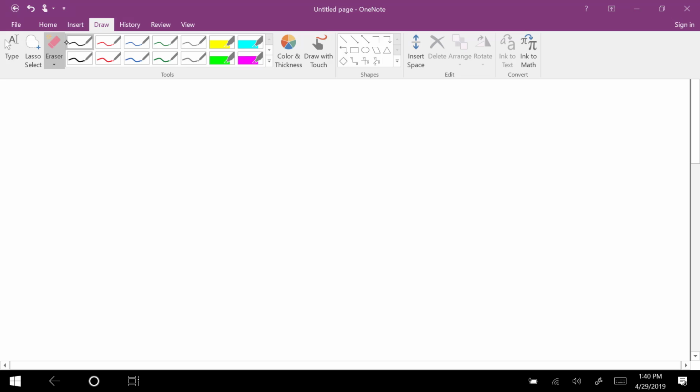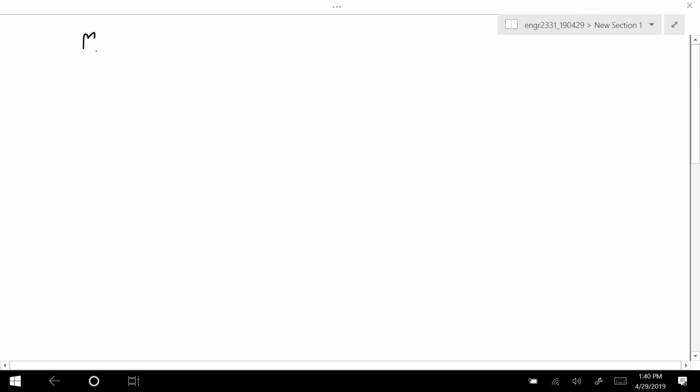Okay, so this equation becomes M over EI is equal to the second derivative of the deflection.